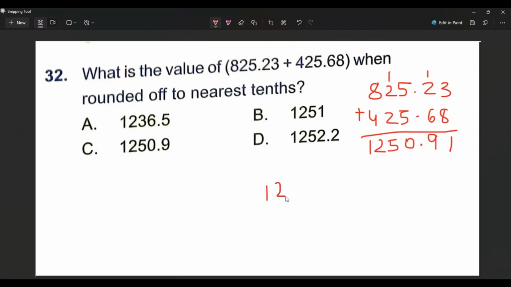We are supposed to find out rounding off to the nearest tenths. So this is ones place, this is tens place, this is hundred place, this is thousand place, children. So after decimal, whatever the numbers are there, this is tenth place, and this is hundredth place.